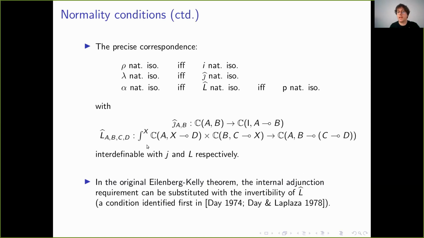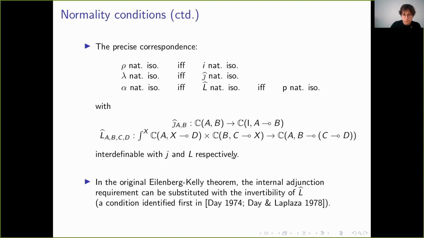So one can in principle have an equivalent definition of Left-skew closed category, not in terms of I, J, and L, but in terms of I, J hat, and L hat. And then talk about a normality condition, asking for any of these three structural laws to be invertible.